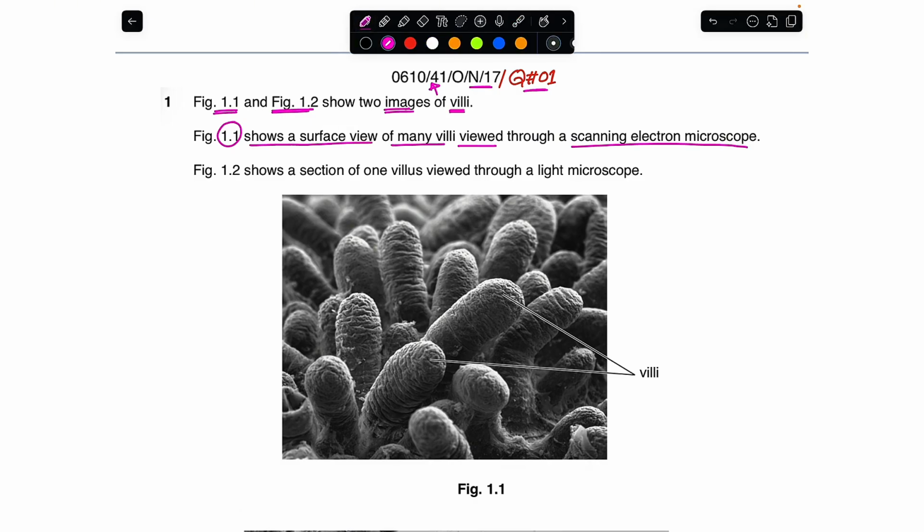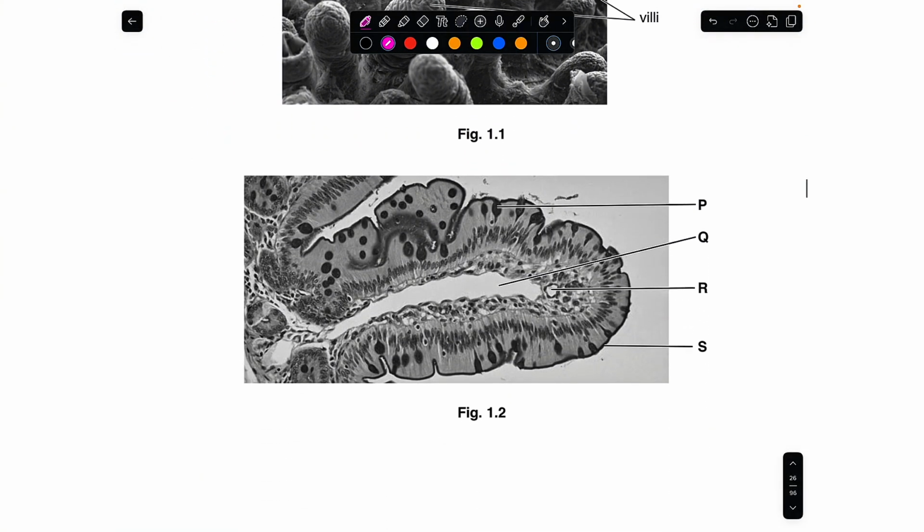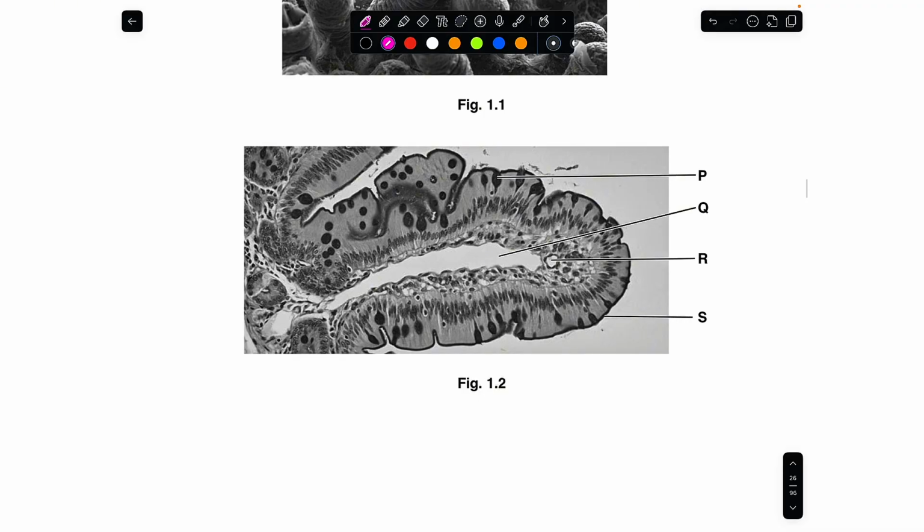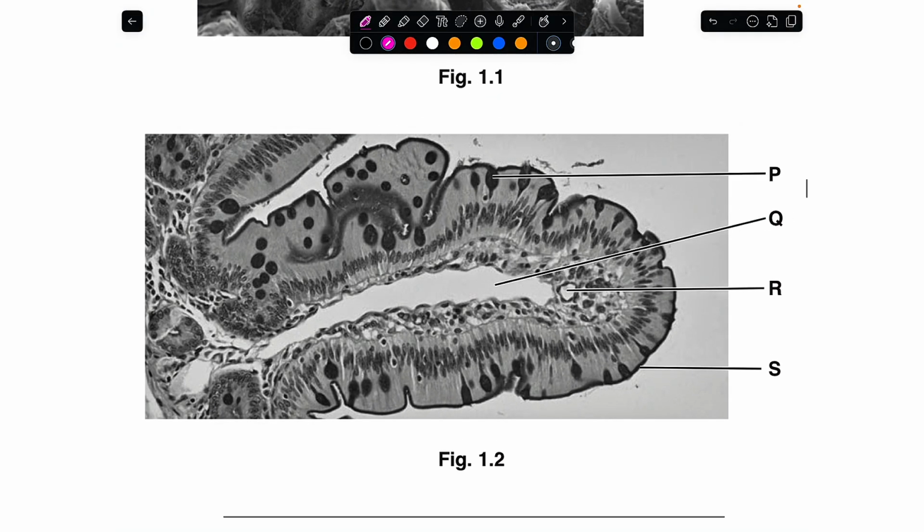The other figure, 1.2, shows the section of one villus viewed through the light microscope. Now, the identification of this structure is very important. Overall, this part is the villus.